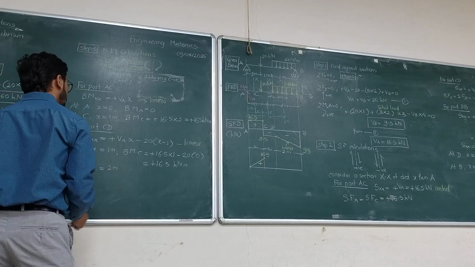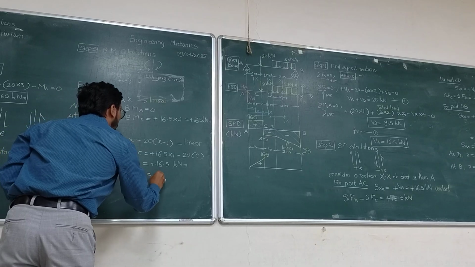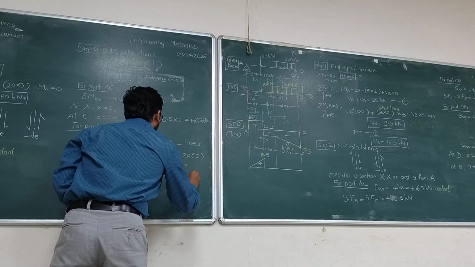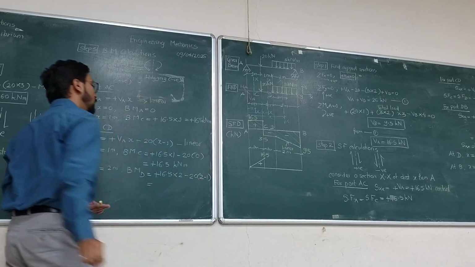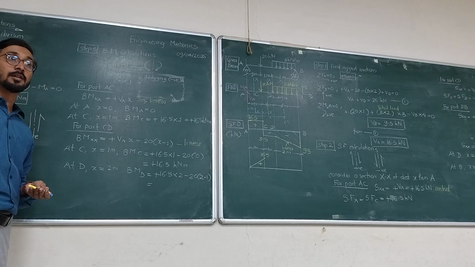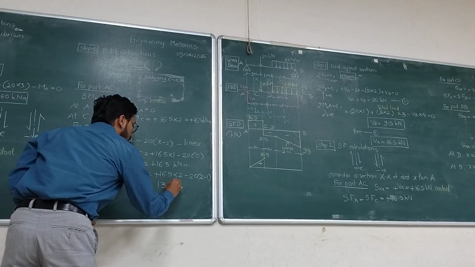So bending moment at D is equal to plus 16.5 into 2 minus 20 into 2 minus 1. How much value are you getting? Bending moment at D is 13.